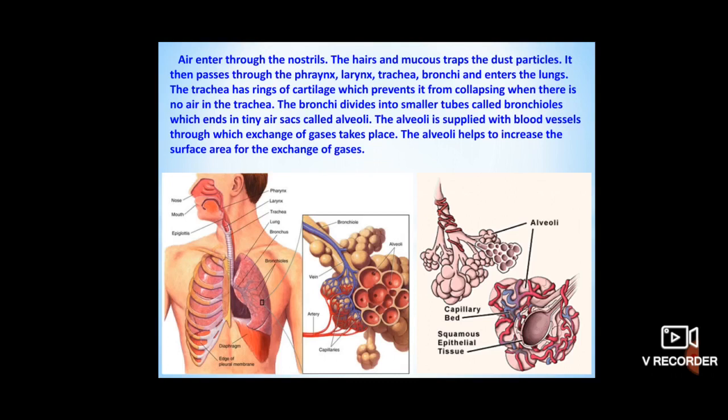When we inhale air, the alveoli increase in size just like a balloon. The alveoli help to increase the surface area for exchange of gases. Oxygen is directly dissolved in the blood, and in the same way carbon dioxide is exchanged in the alveoli by the process of diffusion.